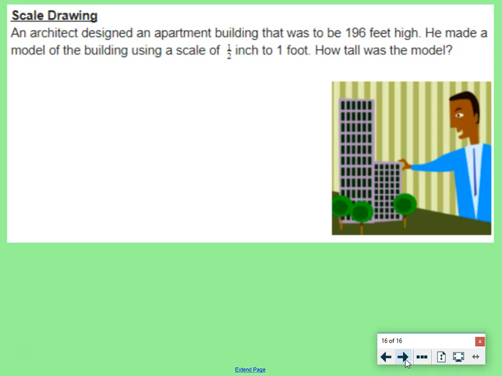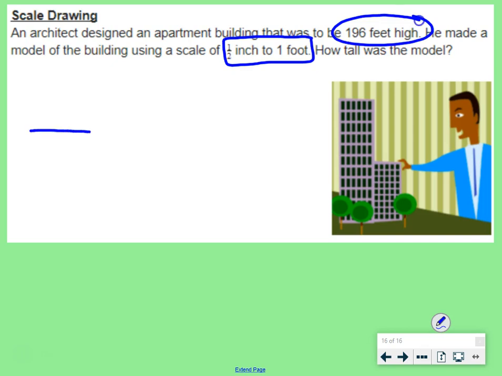Scale drawing. An architect designed an apartment building that was to be 196 feet high. It's pretty tall. He made a model of the building using a scale of 1/2 inch to 1 foot. How tall was the model? So we are going to set up a proportion. Now right here, this scale is a ratio.